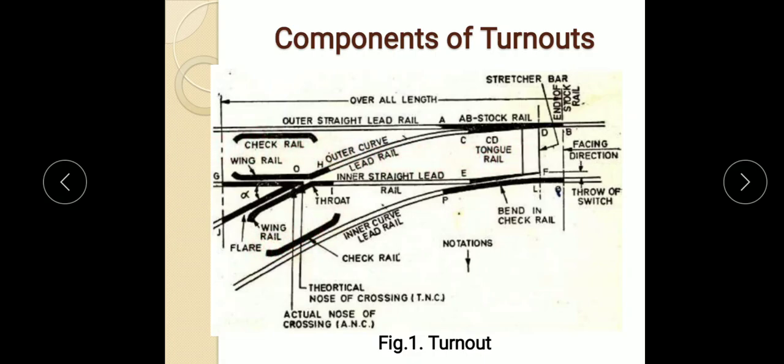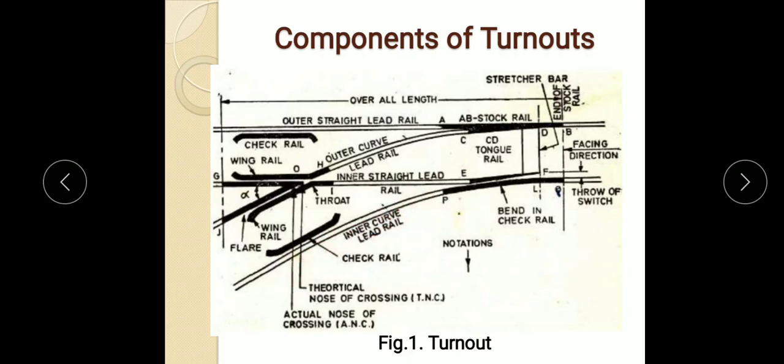This is a main track and this is a side track or another track, and it also consists of wing rails. It also consists of 4 lead rails. So here we can see this is the first, outer straight lead rail. This is the second, outer curve lead rail. This is the third, inner straight lead rail, and this is the inner curve lead rail. So there are 4 lead rails.